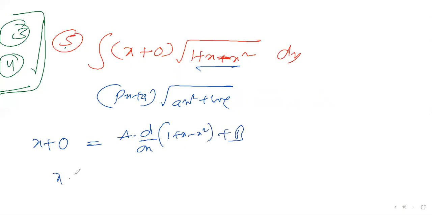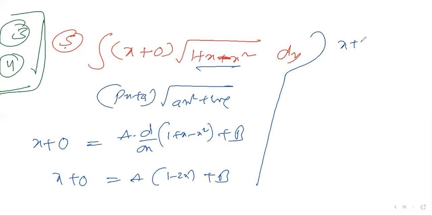Differentiating on both sides, x plus 0 is equal to a into (1 minus 2x) plus b. That is x plus 0 is equal to minus 2ax plus a plus b. Now compare the x power 1 coefficients. So 1 is equal to minus 2a.